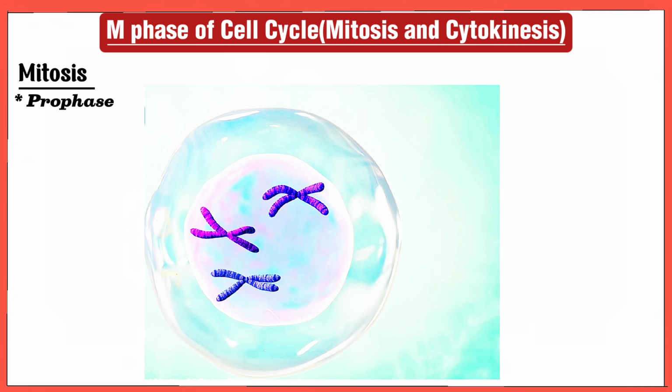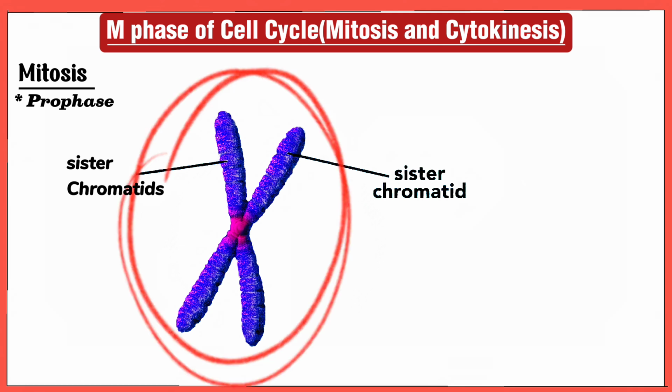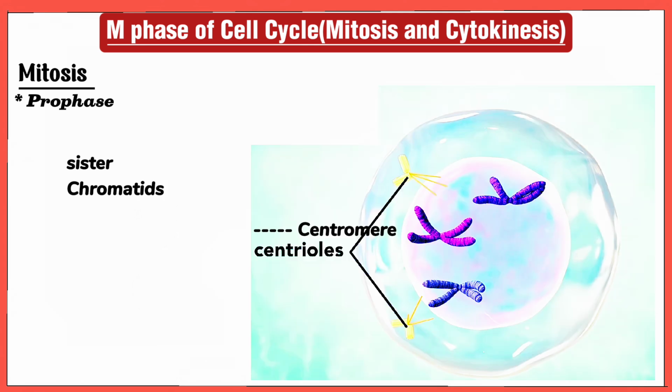Now, the previously coiled DNA coils tightly to form sister chromatids. Individual chromosomes are formed. Now, this is the structure of a chromosome here. And at the center of the chromosome is the centromere that attaches the sister chromatids together.